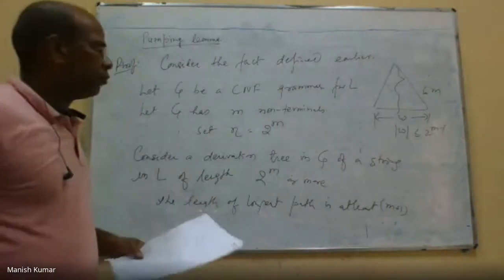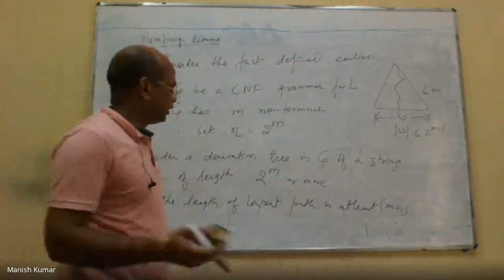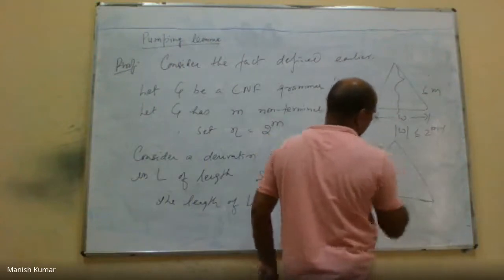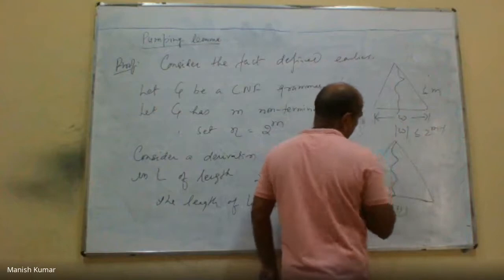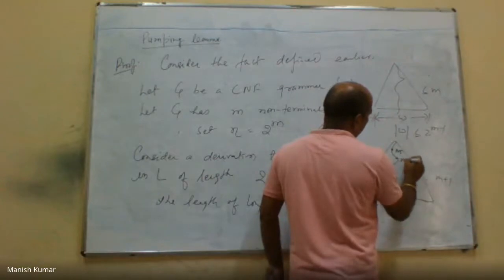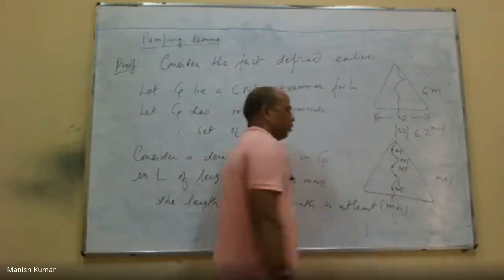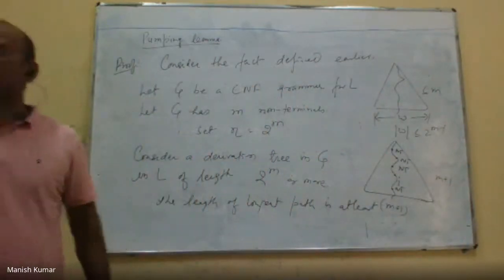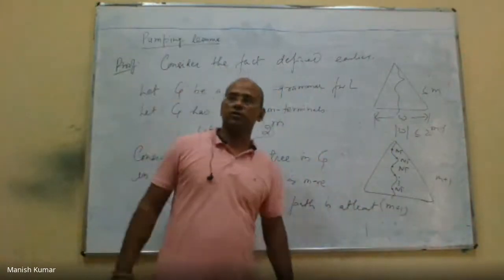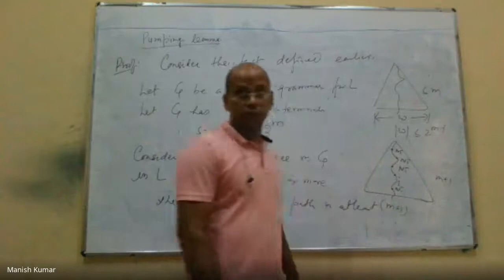That means when you go for any derivation tree, the longest path has a leaf node that has only terminals, whereas all the intermediate nodes are non-terminals. Since it is m plus 1, m plus 1 non-terminals would be involved.